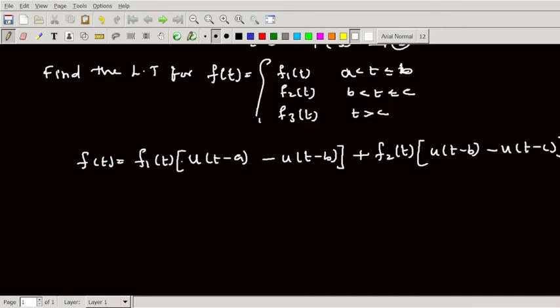Then we have the third one, plus f3 of t into u of t minus c. So what we must do now, we multiply this one and simplify this one.